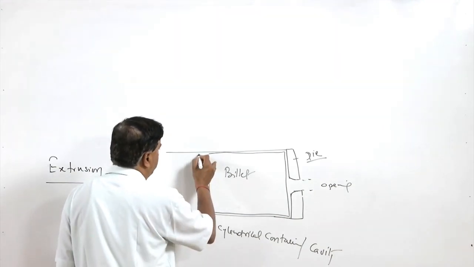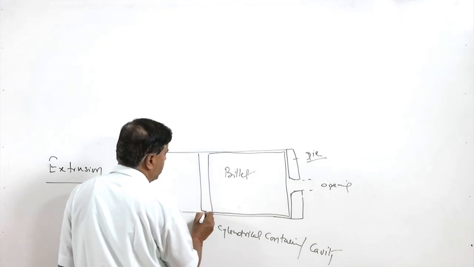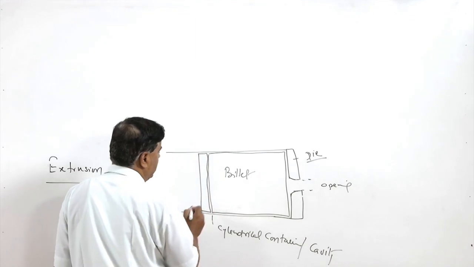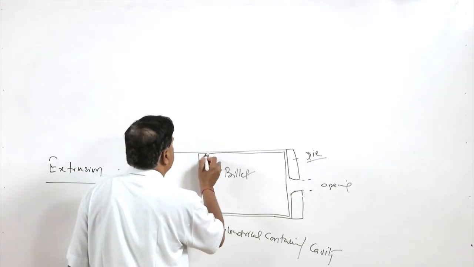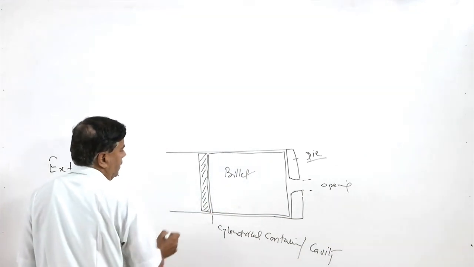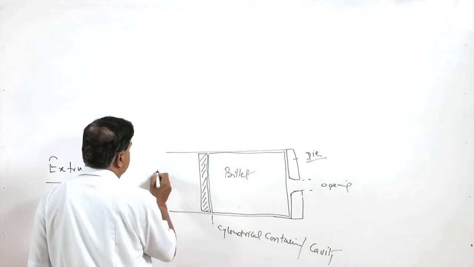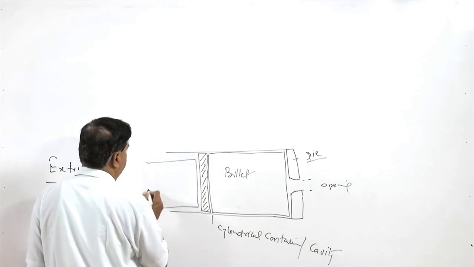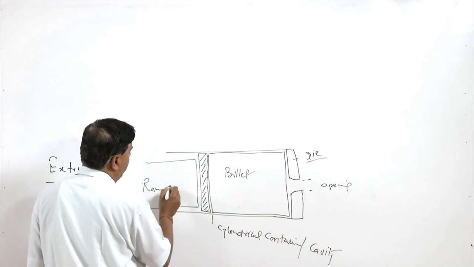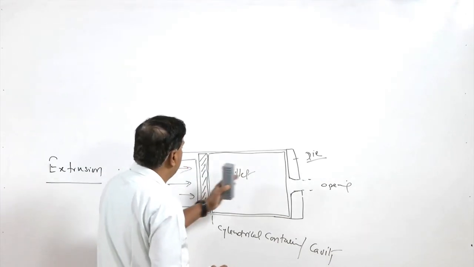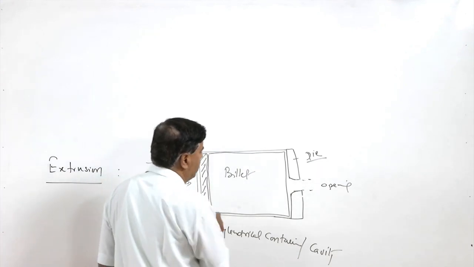Against this billet one dummy block is placed, which is normally of steel, 20 to 30 to 40 thickness, and then against this dummy block force is applied with the help of a ram. So, force is applied onto the billet through the dummy block.